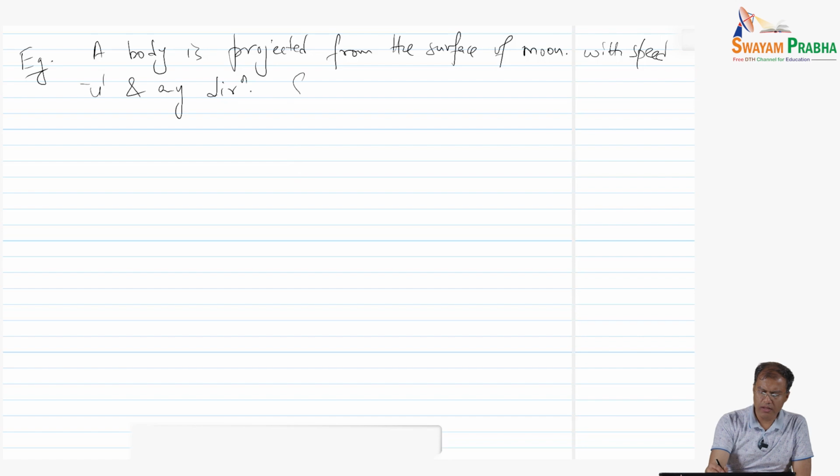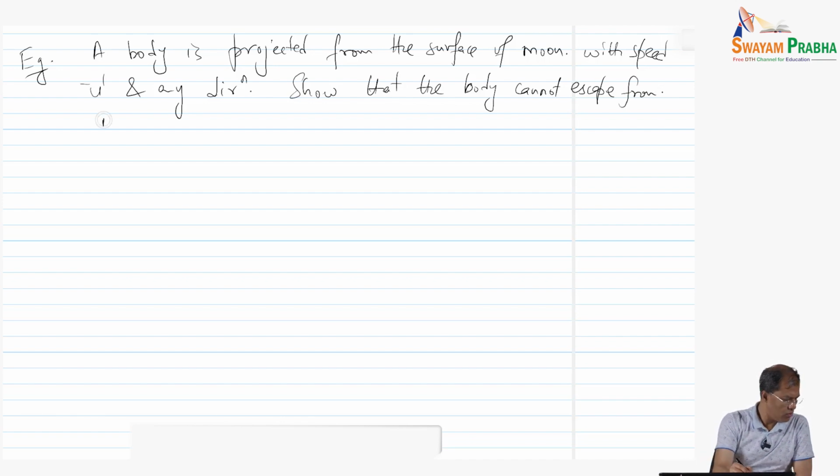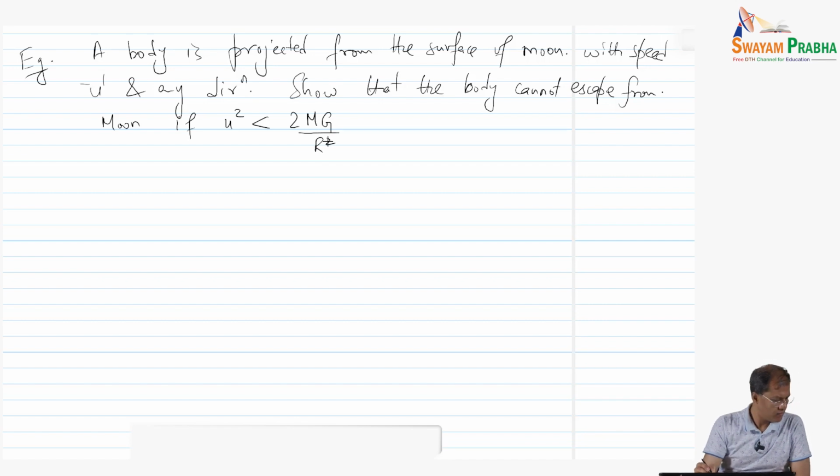We need to show that the body cannot escape from the moon if u square is less than 2 mg by r square.